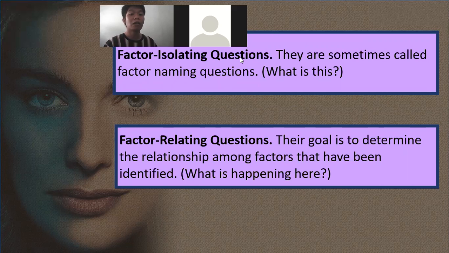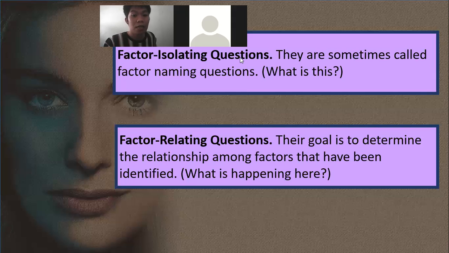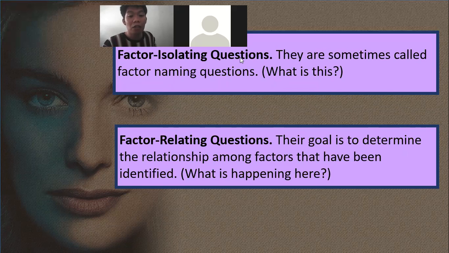An example of factor isolating questions is the study on learning styles and multiple intelligences. You just want to determine what are the learning styles, what are the multiple intelligences. Factor relating questions are used if you want to determine the significant relationship of the variables.